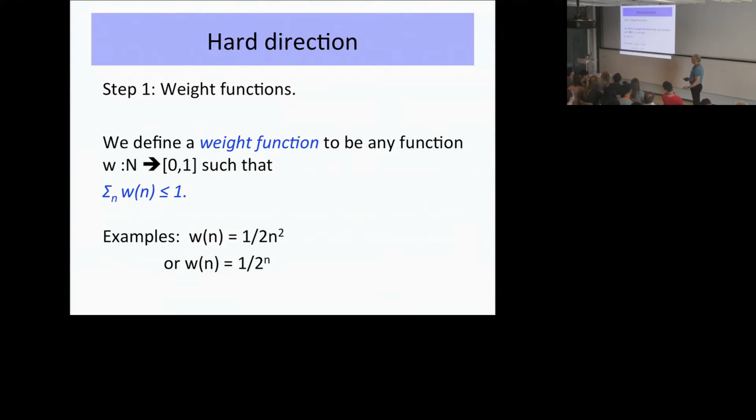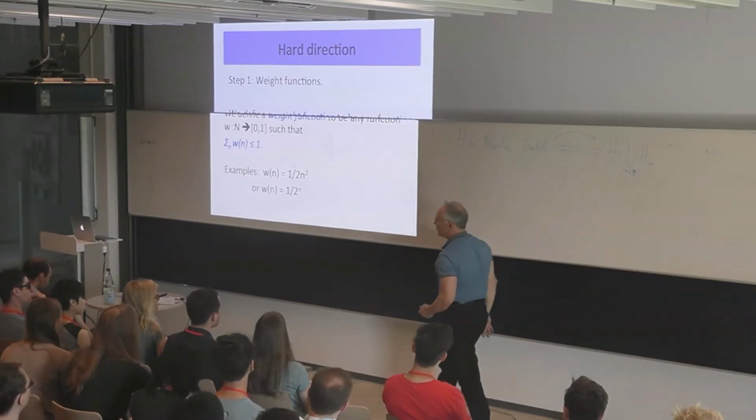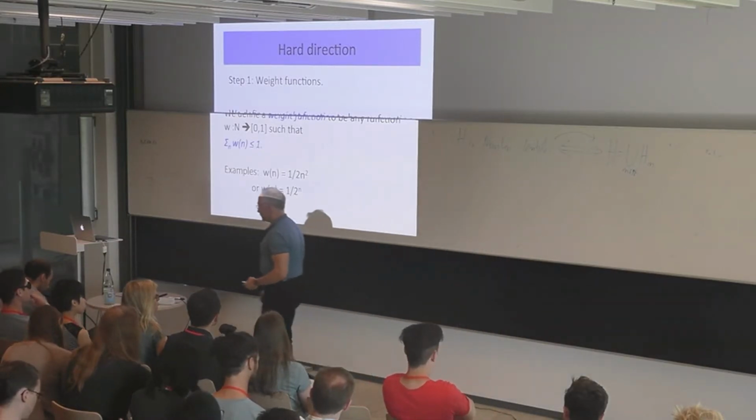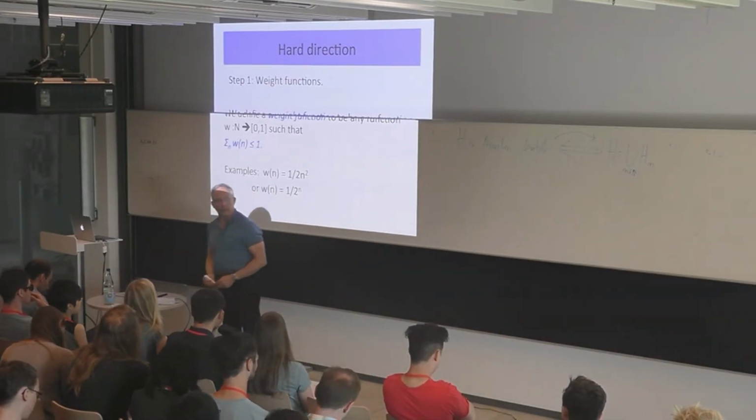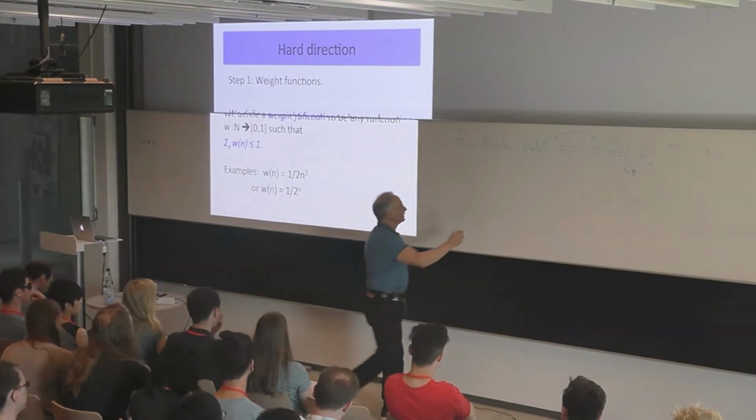In order to go in the other direction, I need to define the notion of a weight function. A weight function is a function that tells me how much importance I give to every level in this hierarchy. My class is decomposed into these Hn's, and I can think of it as if it is kind of an onion, not a union, but an onion.